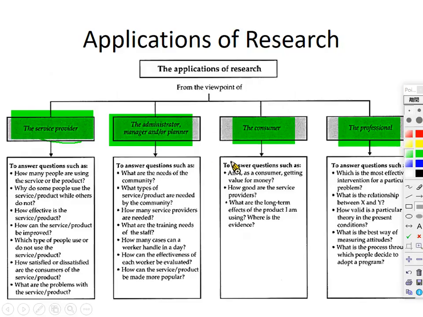Okay, let's see this one. Service provider or administrator, or consumer or professional. Let's look at the consumer side, as most of the time we are consumers, right? So you may want to find answers to this kind of question. Am I as a consumer getting value for my money? I spent this and I expect to have that.